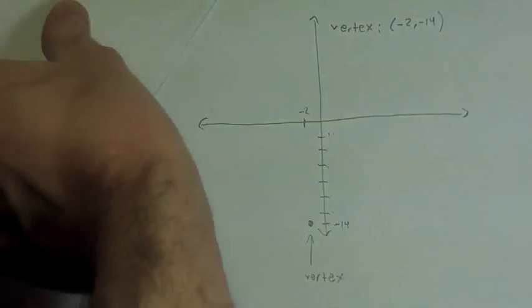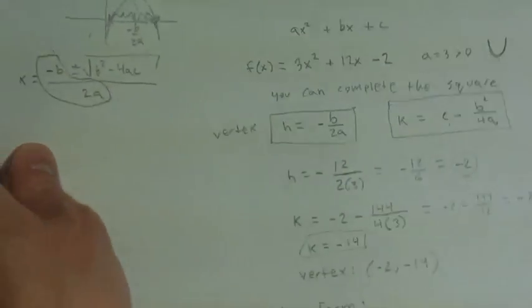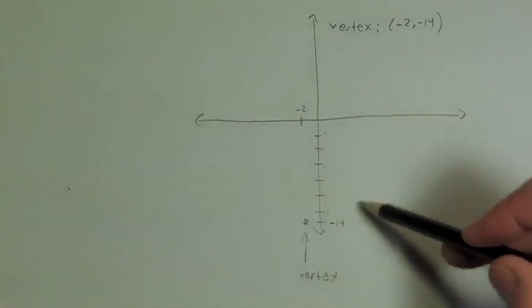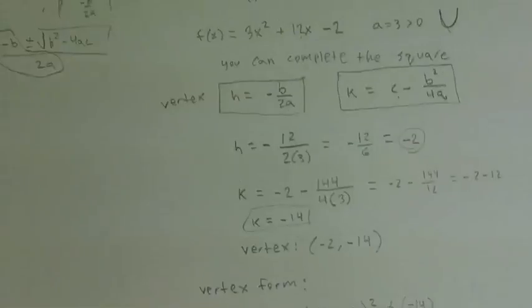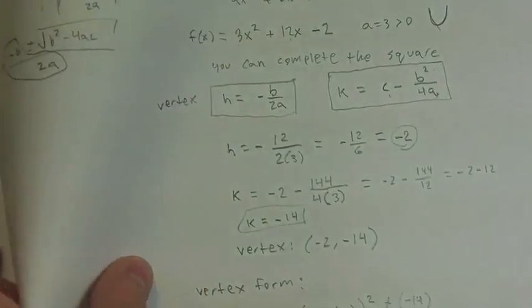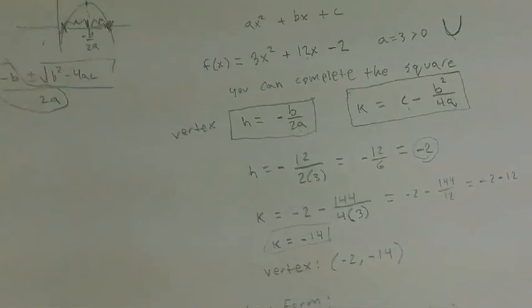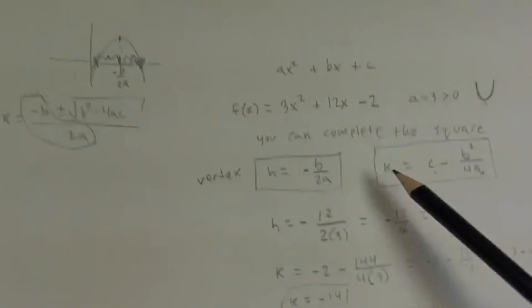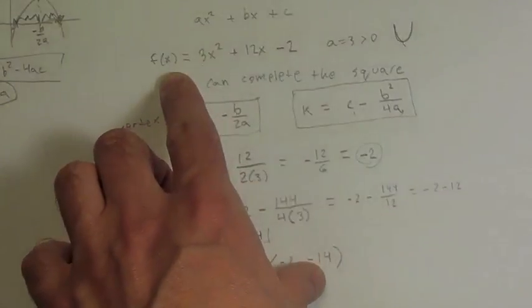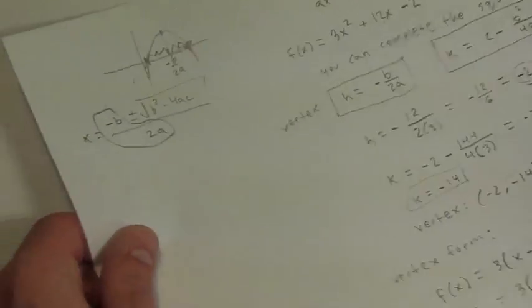Okay. I also know that this function's opening up, so I know that it is a u, but also, here's a really nice thing about standard form. These two functions are the same, they're just in different forms, but if I plug 0 in, it's so much easier to plug into this version. So let me do that here.